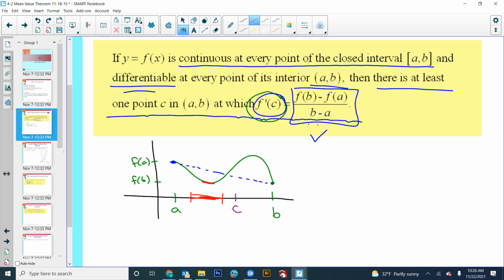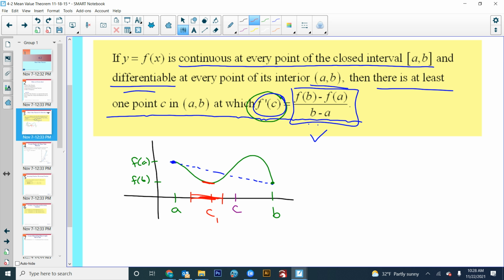Because the slopes go from negative to positive. Steep negative, not so steep negative, zero slope, positive slope. And I think we would all agree, this blue slope looks negative, because f of B is lower than f of A. Okay. So, one of these C values has to be there.